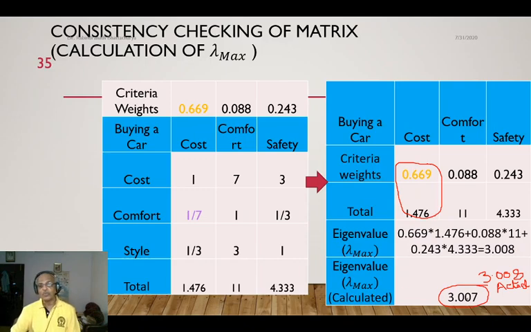The eigenvalue calculated comes to 3.007, and the actual value is 3.008. So there's not much difference, and we can comfortably use this technique for ranking the suppliers.